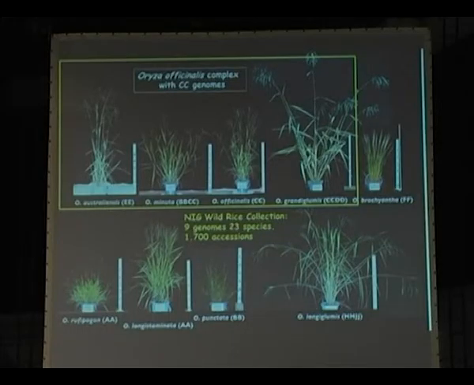Especially the diploid CC genome species have a specific character of very early blooming, at almost midnight, before the sunset. So it's an incredible character to use for future breeding.